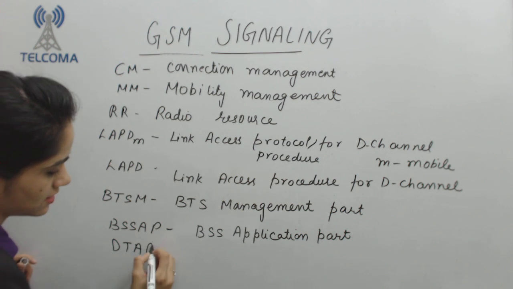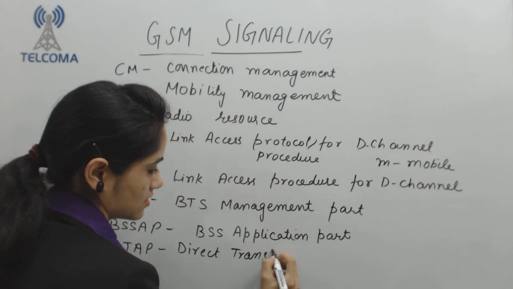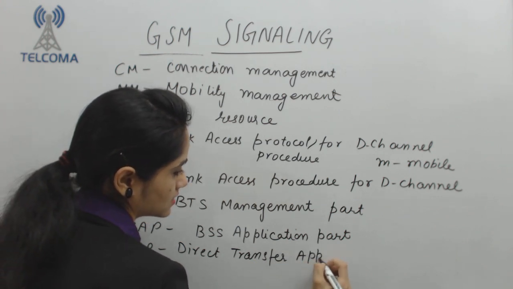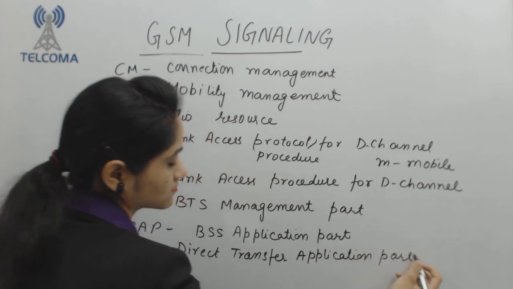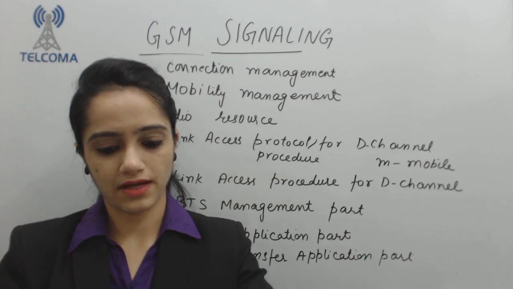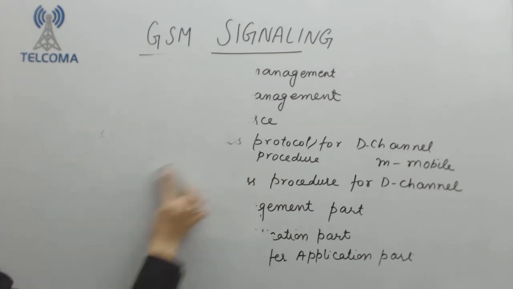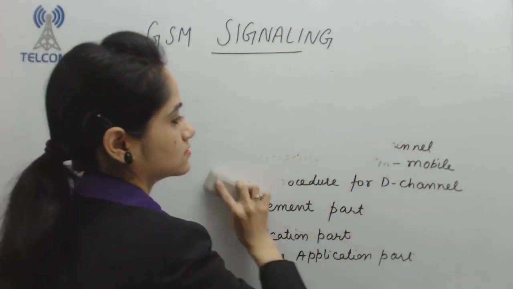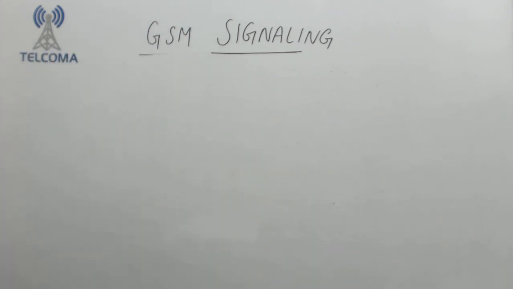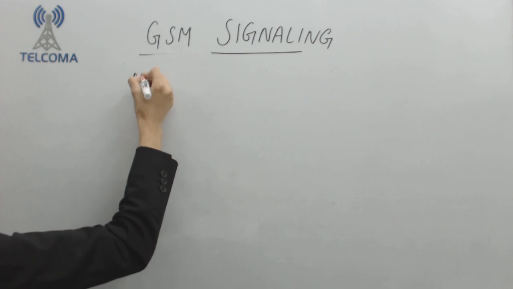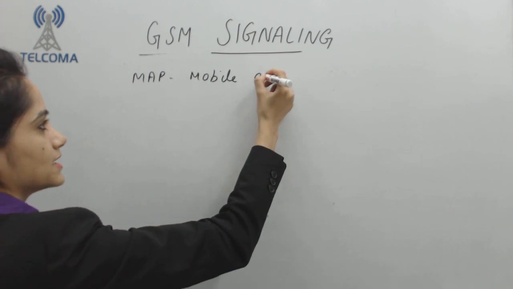DTAP is direct transfer application part. Next we have MAP. This MAP is mobile application part.